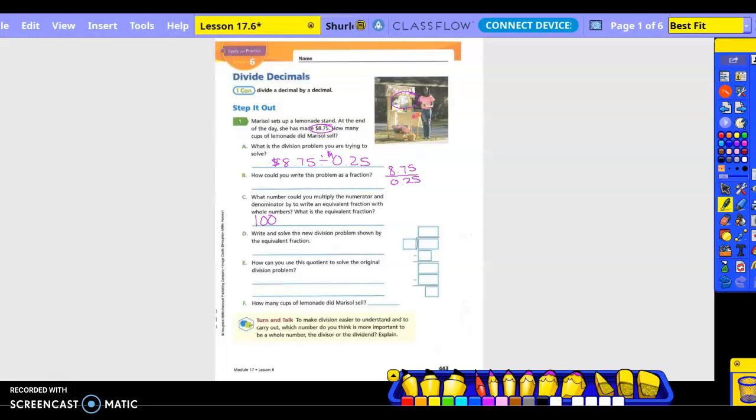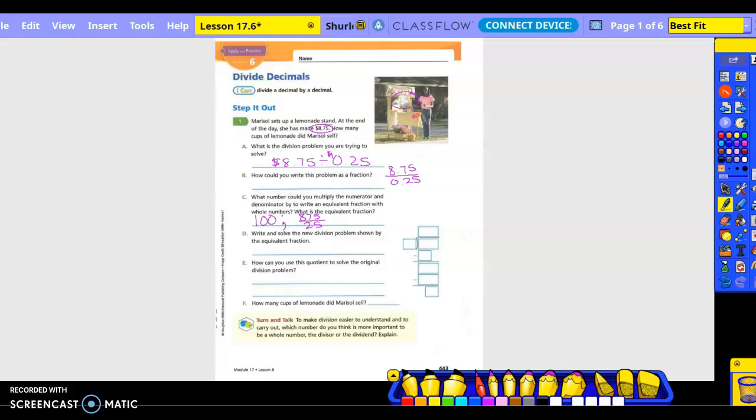And like I told you guys yesterday, what I do to the dividend, I also have to do to the divisor. So if I multiply the top times 100, what would that be? 875. And if I multiply the bottom times 100, what would that be? 25.